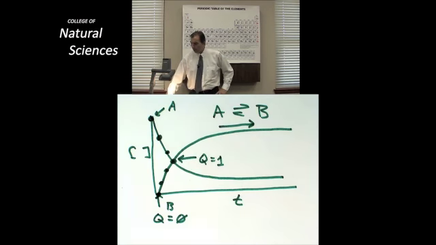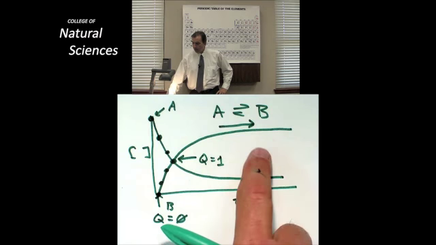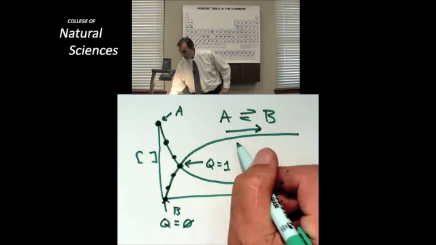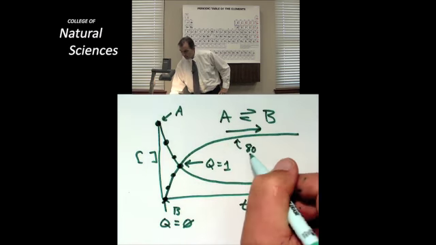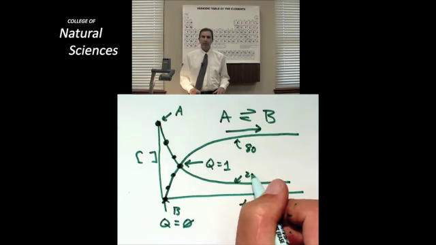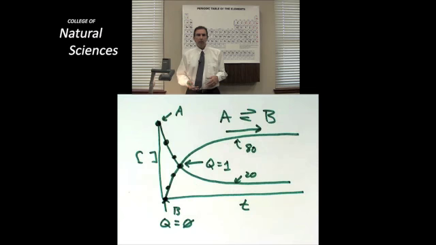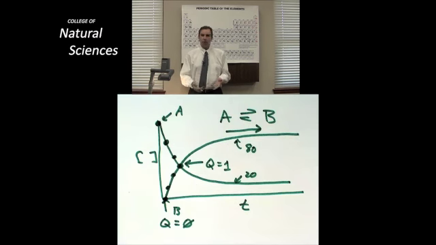At some point, though, I notice that nothing's happening. That right about here, I made about 80 B's and 20 A's. And then about 5 minutes later, it was still 80 B's and 20 A's. An hour later, 80 B's and 20 A's. 3 years and 6 minutes later, 80 B's and 20 A's.